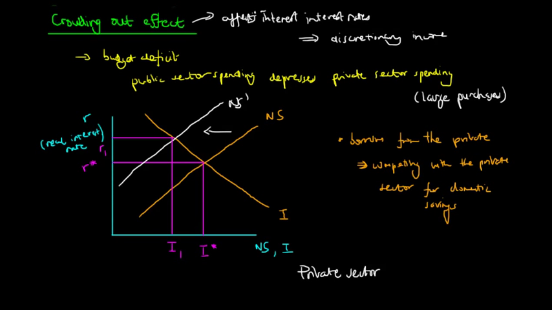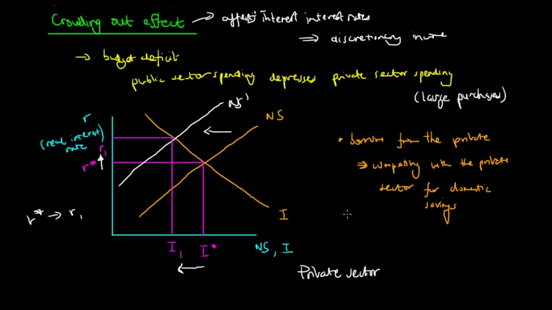As we can see from the graph, the real interest rate has increased from R star to R1, so there is a higher interest rate now, and investment spending has decreased from I star to I1.